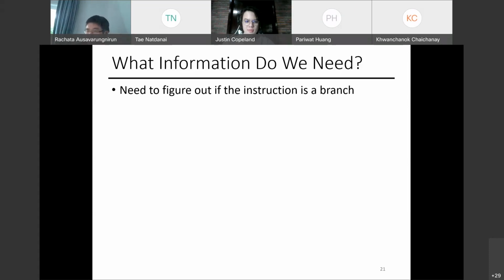So if you run something, does the address of your instruction change at all? Let's say I have a branch at address 10. 5,000 cycles later, is address 10 still a branch? Yes, it's going to still be a branch, right?